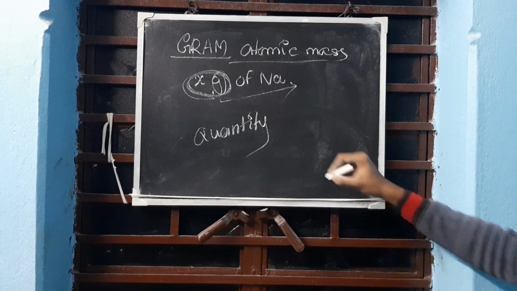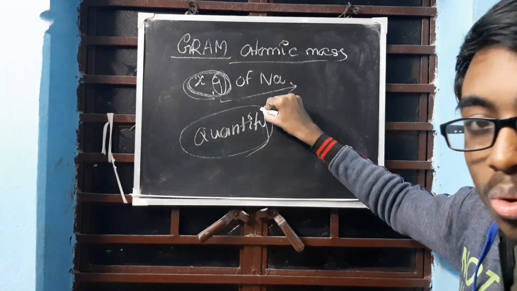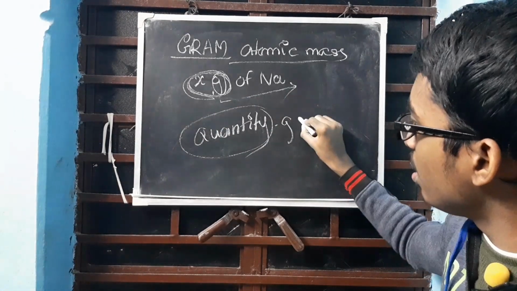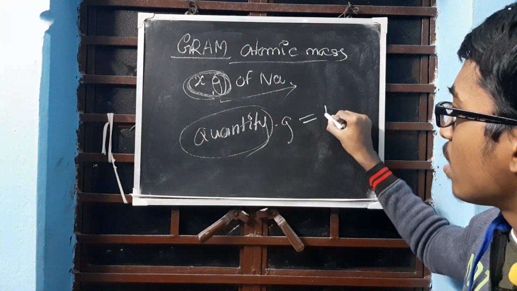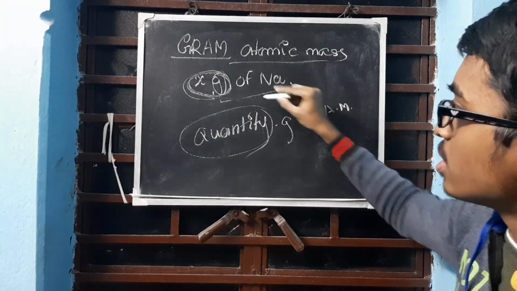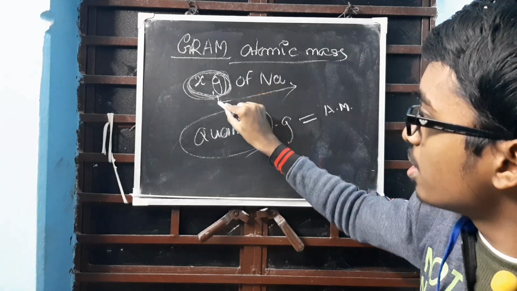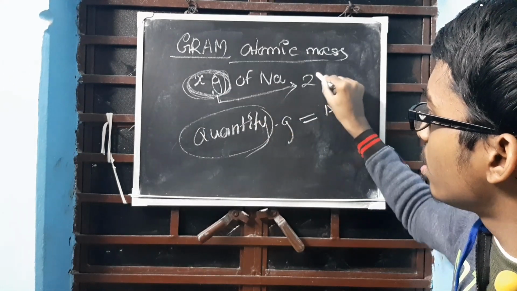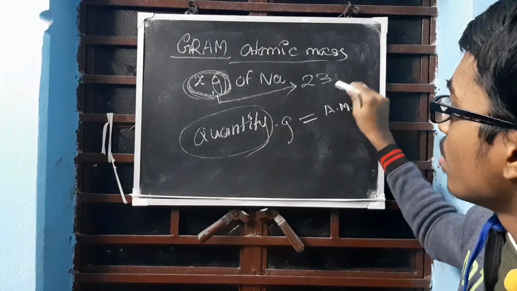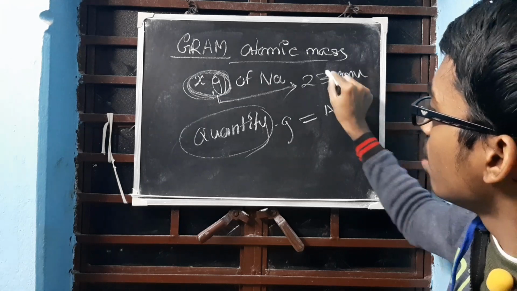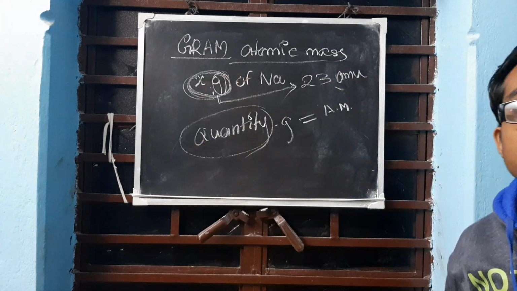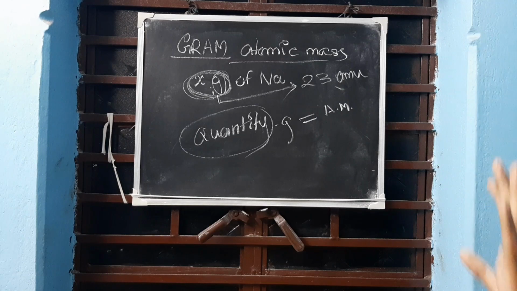Clear? So if this x gram is numerically equal to 23 AMU, then we will say 23 gram is the gram atomic mass of sodium.